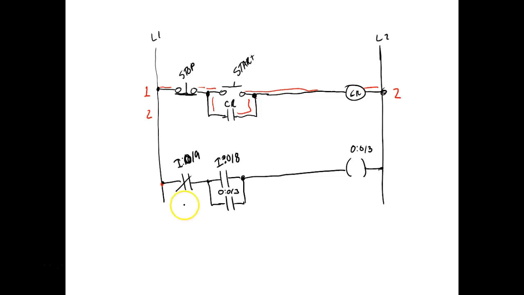But the problem is, this is an examine if what? Yeah, sorry. I'm trying to. So this is examine if open. So if I use a normally closed switch, it's going to be false.